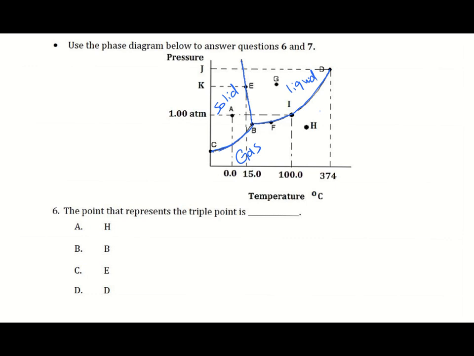Any point on this line is called melting point, so we call the whole line the melting point line.